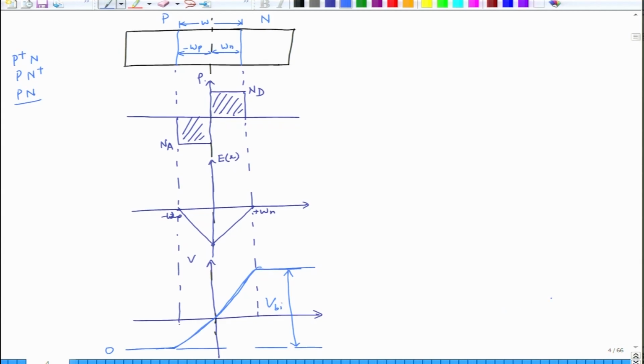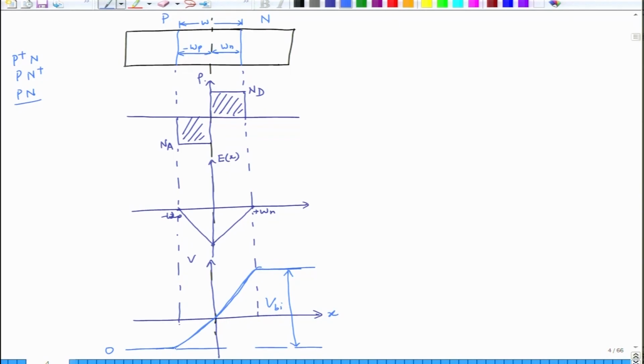Now it depends upon the reference. If the reference is closer to the central axis, so this is X, it depends upon what the reference is for the energy levels, because V is nothing but minus E by Q. So the potential increases from minus Wp until you reach plus Wn. There is no meaning of this origin, it is just the interface.